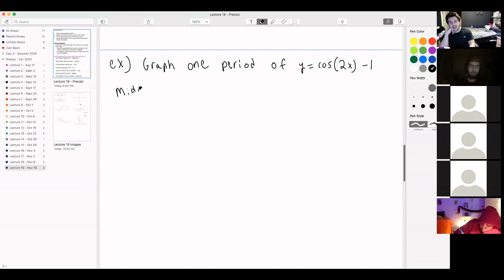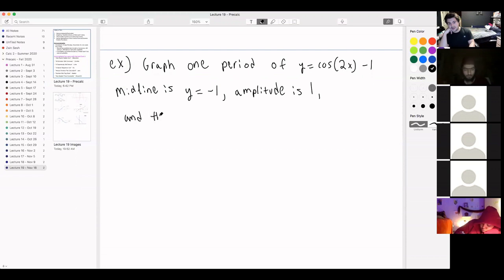So the midline, you just have to look at the vertical translation or the vertical shift, and that's y equals minus 1. The amplitude, so you take the coefficient, so you take the vertical stretch. In this case, it's just 1, since there's no vertical stretch. So amplitude is 1.